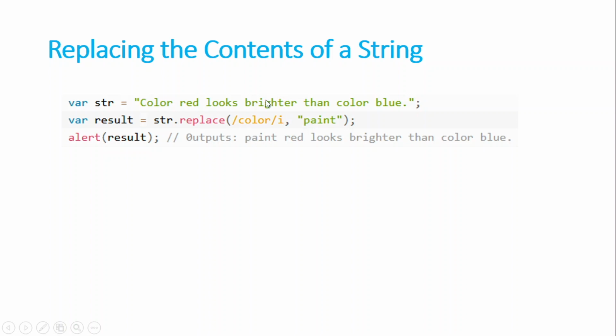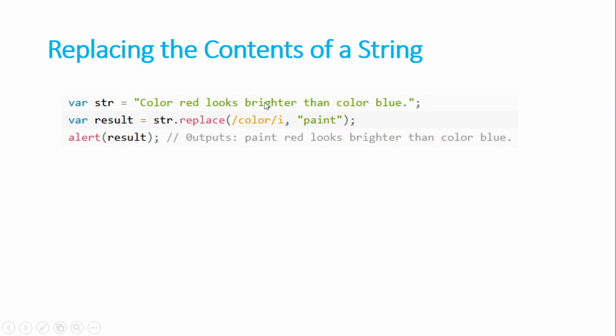But you can see this color is not changed to the paint value. And why is that? Because it will only change one occurrence, the first matching one. Only one occurrence will be changed for that particular word, not all the occurrences.